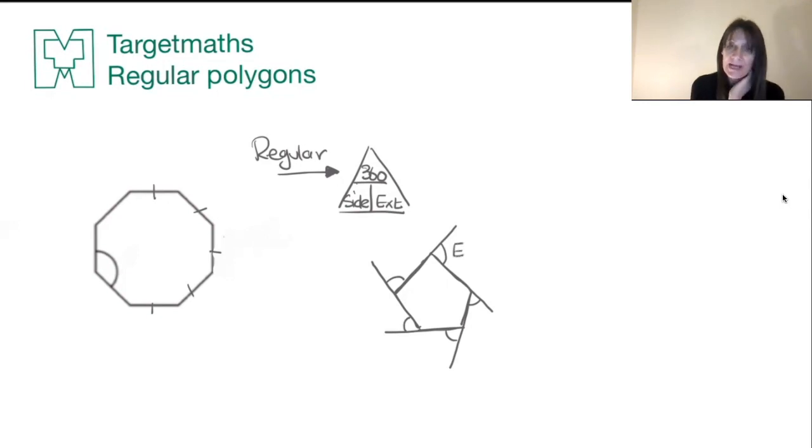Okay. An exterior angle sits on a straight line with the interior angle. So that's a really important fact. It would feel much more natural to say that, just in case your eyes weren't on the screen over here, that would feel like an exterior angle if you didn't know any better, because it's the outside angle.